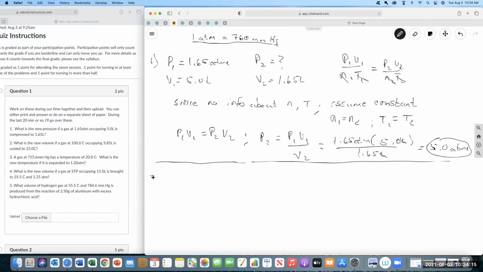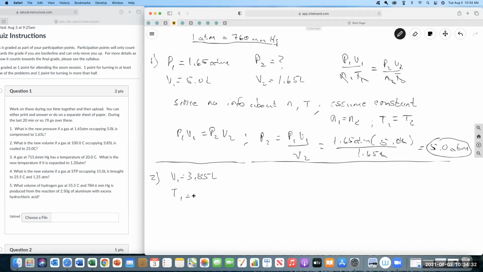All right. Number 2, new volume of gas at 100. Okay, so we have V1. V1 is 3.85 liters.